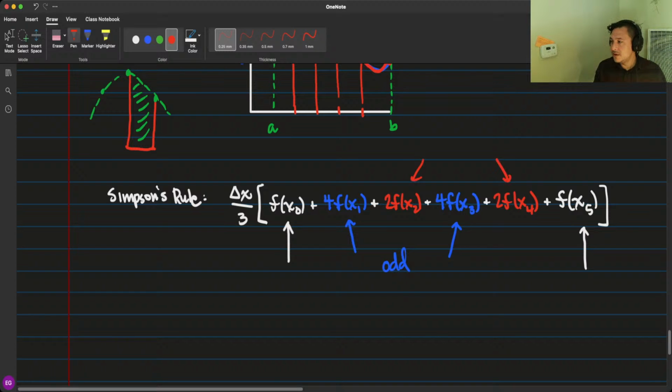And then the even terms, you multiply by 2. Okay, so Simpson's rule only works when n is odd. Oh no, does it work only when n is odd? No, never mind. That's not true. I don't know why I was thinking that. Okay, and Simpson's rule also has an error estimate.